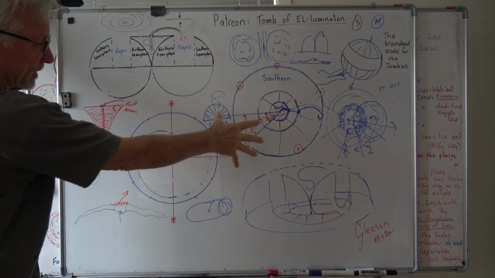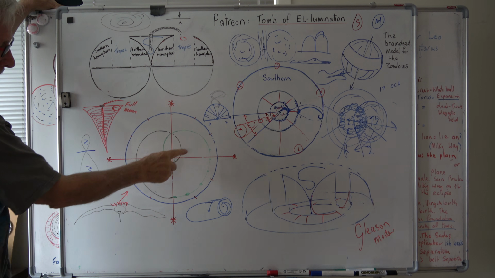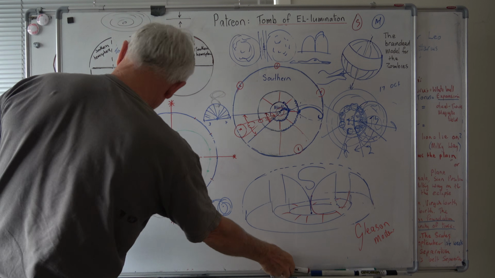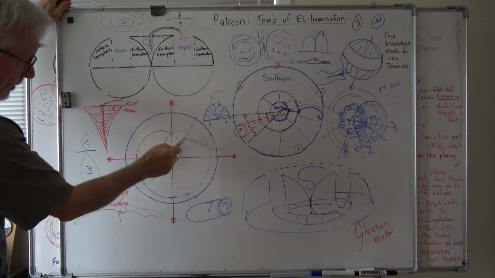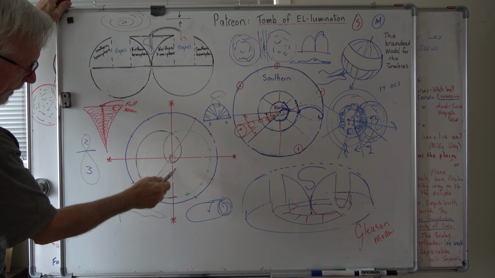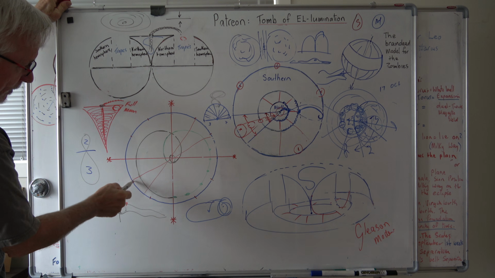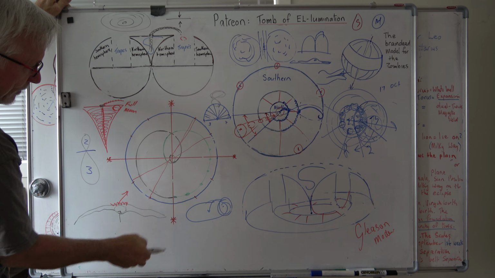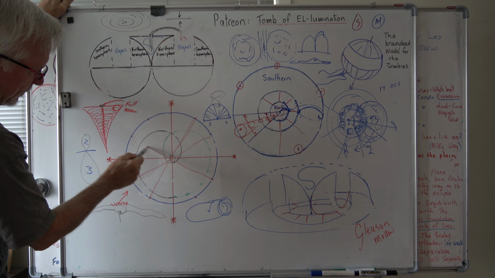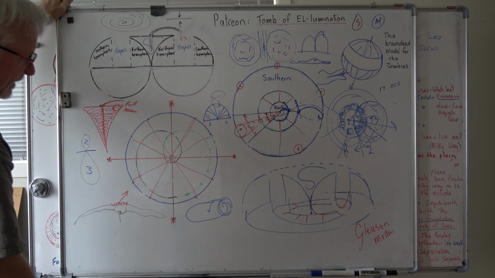See how simple it is to associate this with the zodiac? There's the zodiac signs. That one goes over to there, that one goes over to there. Straight up to there, straight up to there.